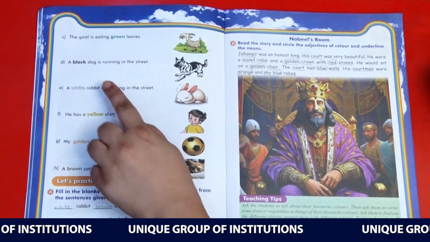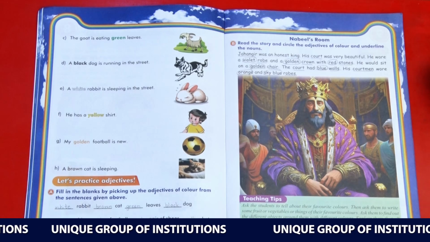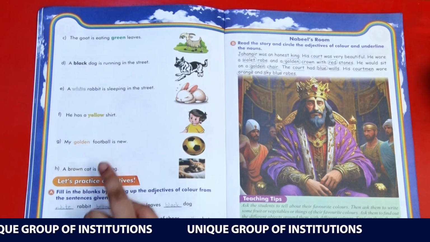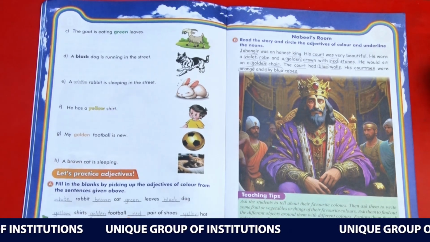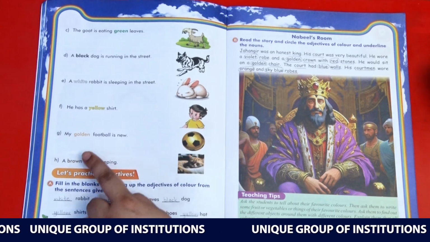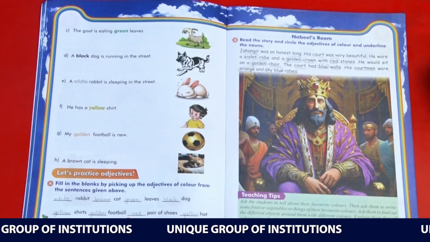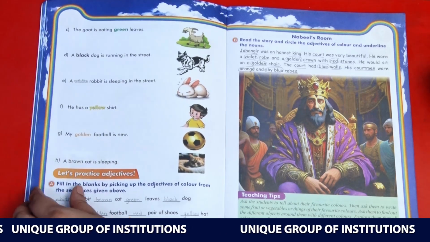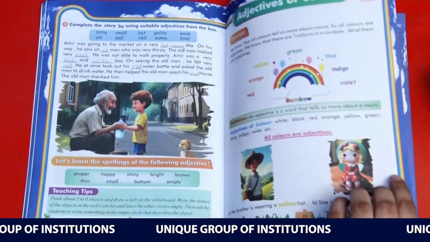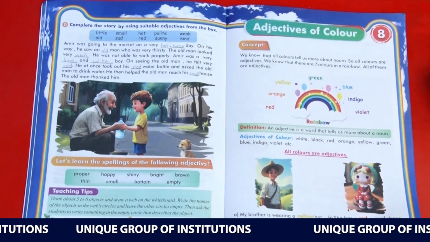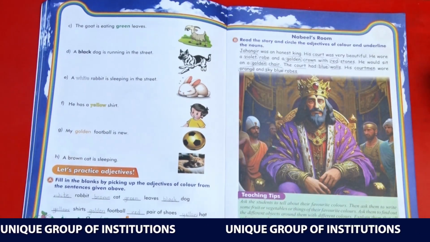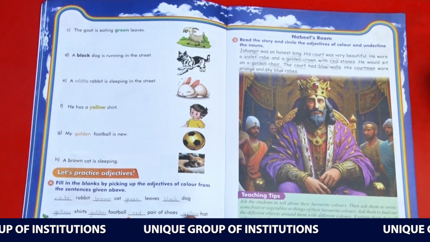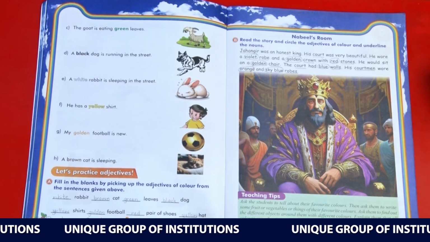We have dog, and dog is black, write black here. We have shirt, and shirt is yellow, write yellow here. We have football, and football is golden, write golden here. We have a pair of shoes, and if you turn the page back, you will see a pair of shoes, red, write red here. Similarly, we had a hat on the previous page which was yellow, write yellow here.